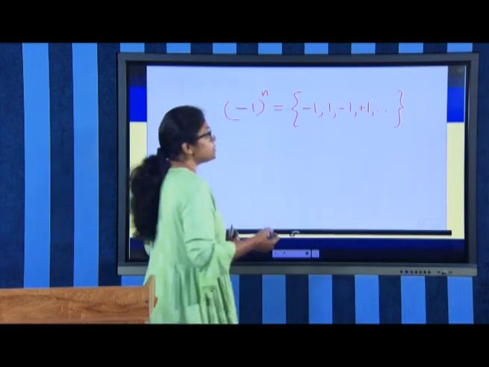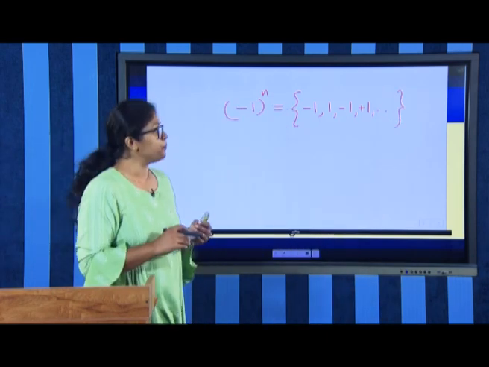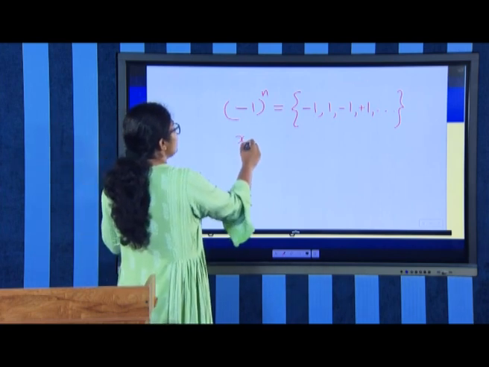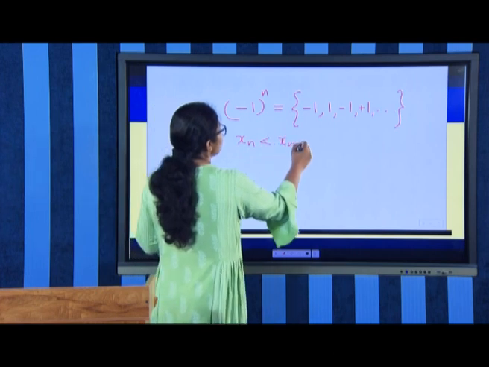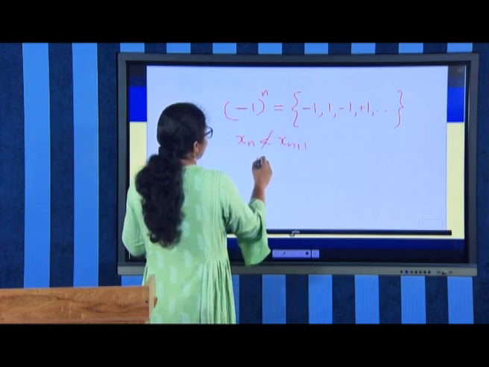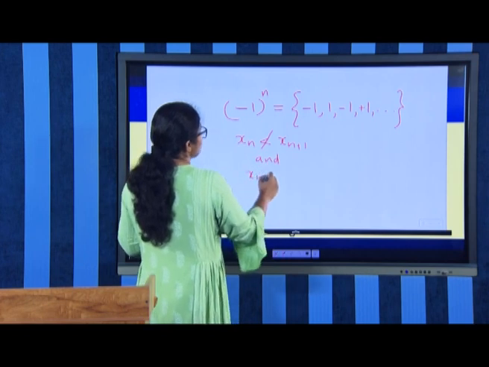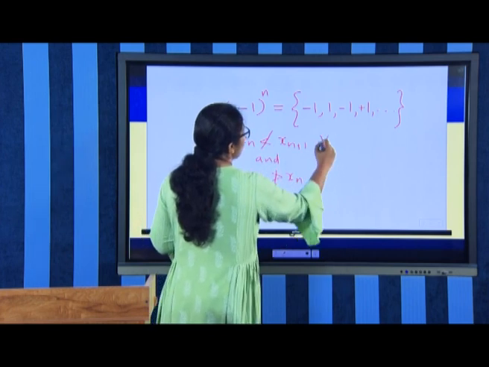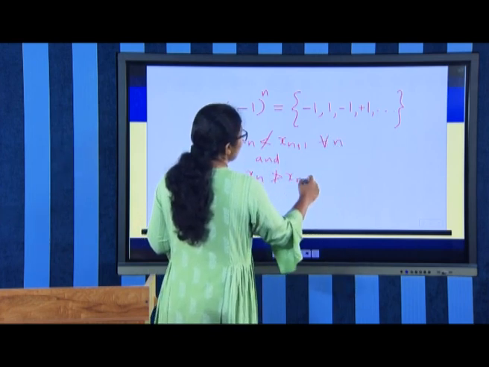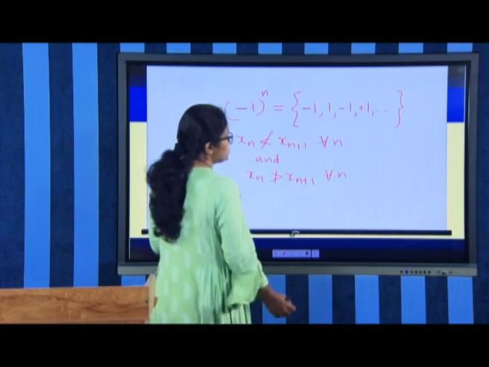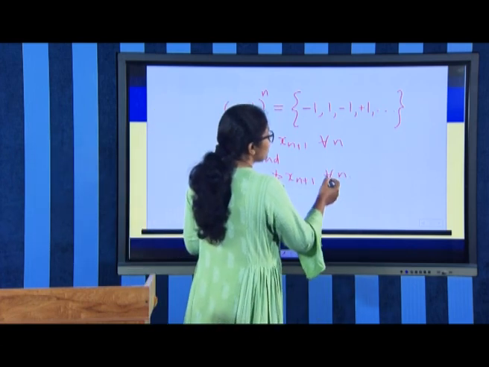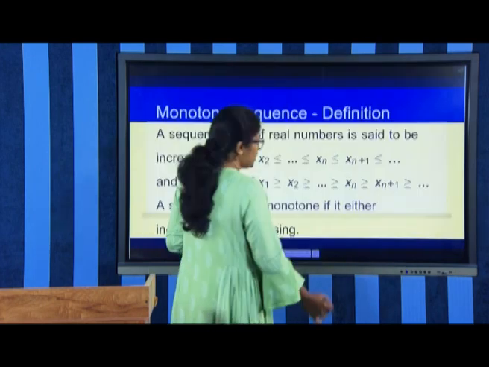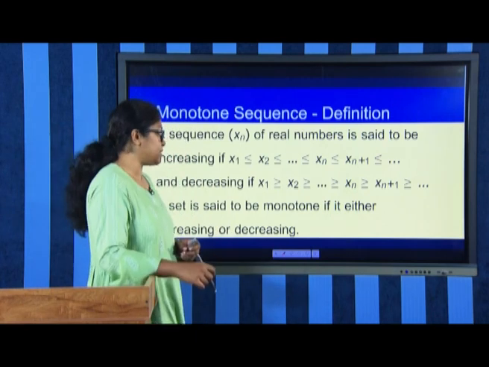It alternates between negative 1 and plus 1 for the entire sequence, so we cannot say xn is less than xn plus 1 for every n, and we cannot say xn is greater than xn plus 1 for every n either. So we cannot say that this is a monotonic increasing or a monotonic decreasing sequence. There can be some such examples.